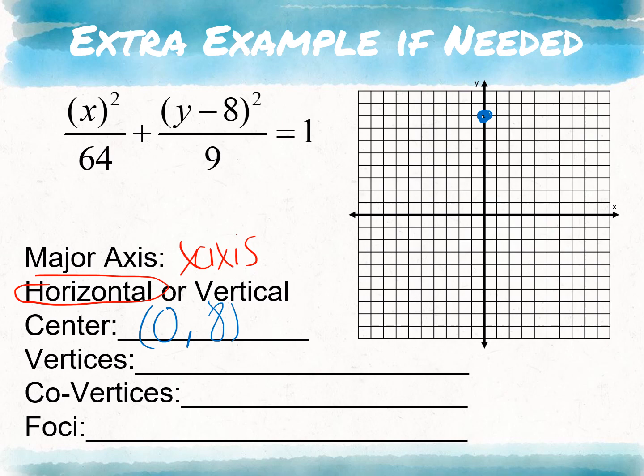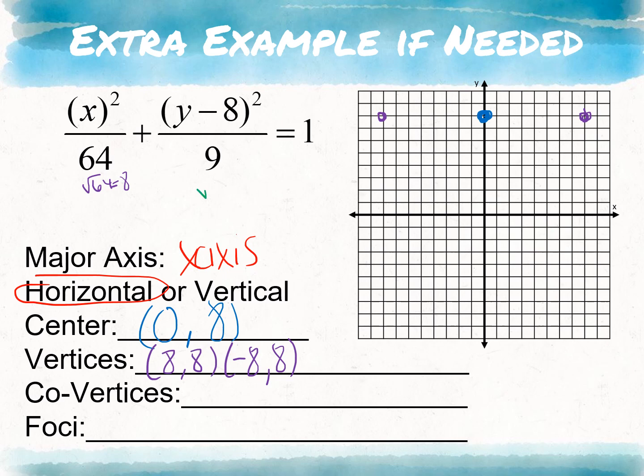Square root of 64 is 8, which means I'm going to go 8 in each direction horizontally. That means my vertices exist at 8, 8 and negative 8, 8.